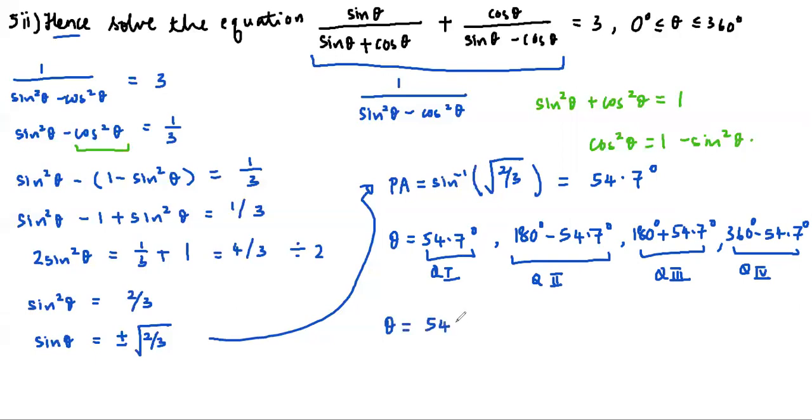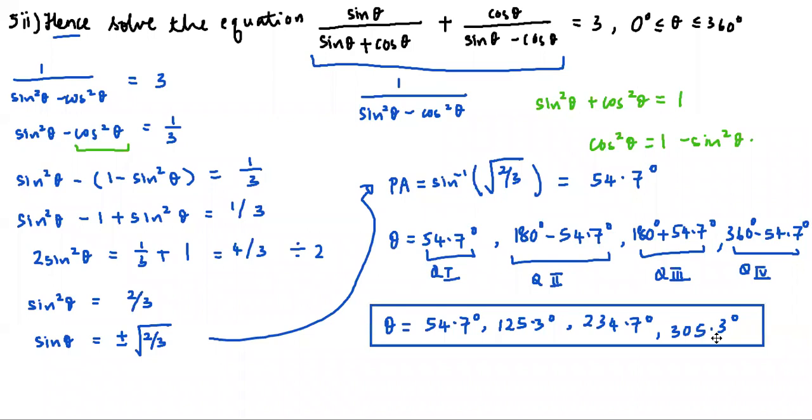So theta now is 54.7 degrees, 125.3 degrees, 234.7 degrees, and 305.3 degrees. That will give you the answer for the equation.